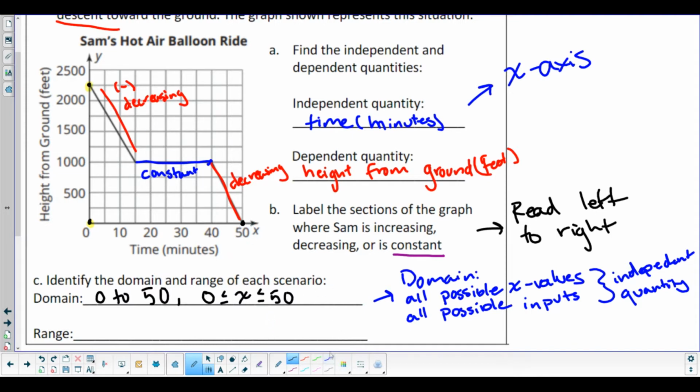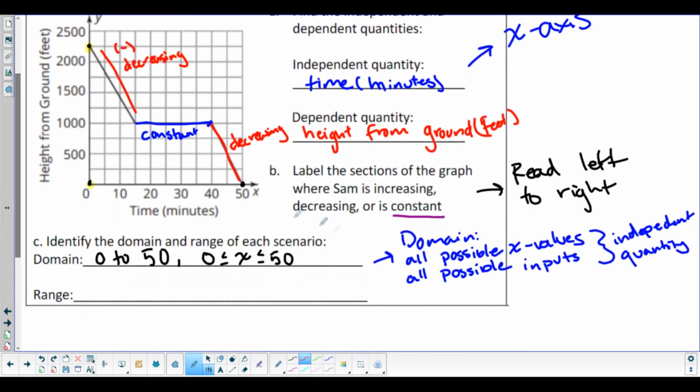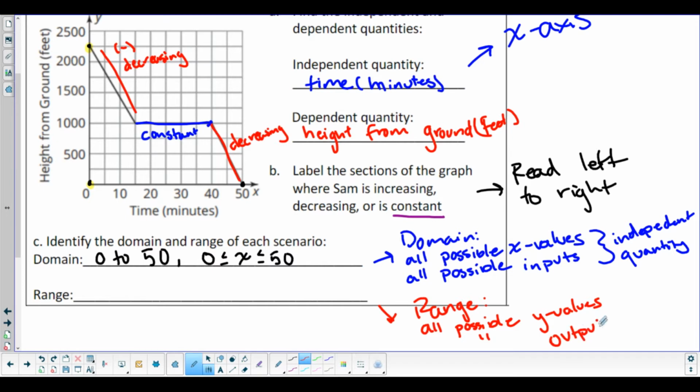Okay. Well, range is similar, except instead of looking left to right, we're going to look up and down. We're going to look top to bottom or bottom to top. So the range, by definition, is this. It's all possible y values. Which, if it's all possible y values, it's all possible outputs.